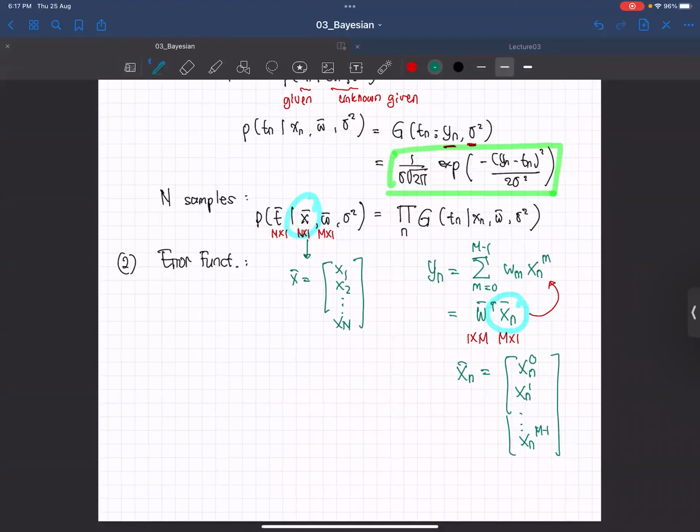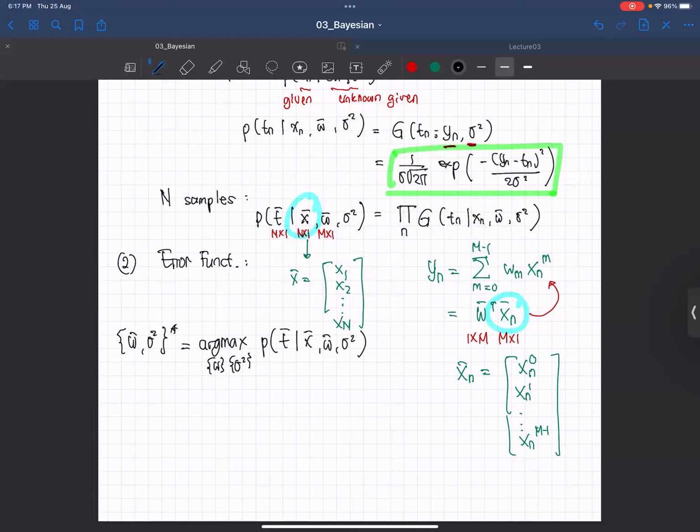So after we know X bar here, what is the error function that we want to have? Well, the error function is very long, so I don't want to get into all the derivation. Basically, we want to have W bar and sigma square optimum, both of them. And this one tries to maximize, argmax with respect to W and with respect to sigma square, on the whole data.